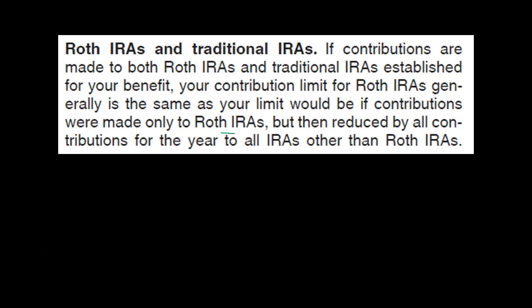Let's go through that one more time. If contributions are made to both Roth IRAs and traditional IRAs established for your benefit, your contribution limit for Roth IRAs generally is the same as your limit would be if contributions were made only to Roth IRAs. So it's going to be the same there, however, but then reduced by all contributions for the year to all IRAs other than Roth IRAs.